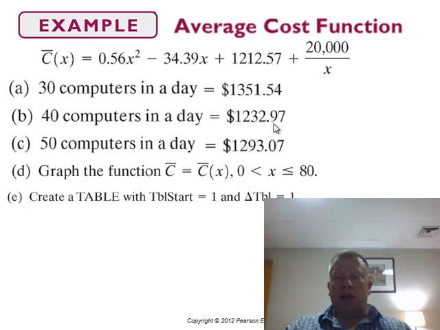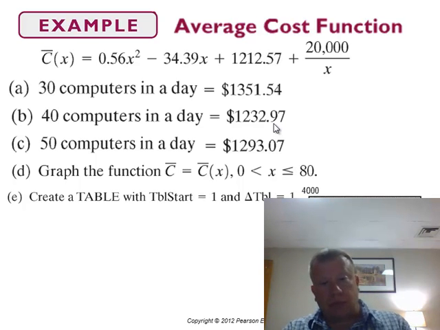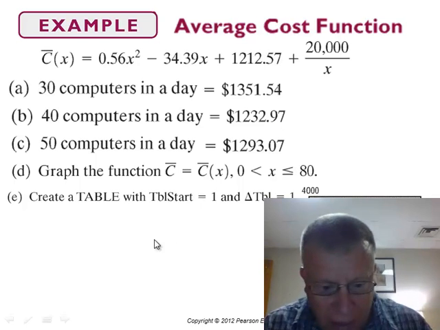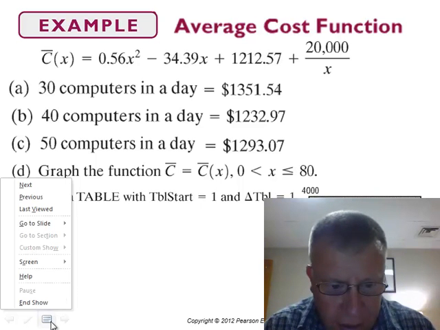Suppose that we're wanting to actually minimize our costs. What is the number of computers that we would need to manufacture, in order to minimize costs? So we can go ahead and plot that function. Let me go ahead and do that. Pull up my graphing calculator here.